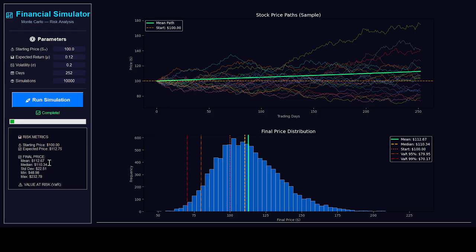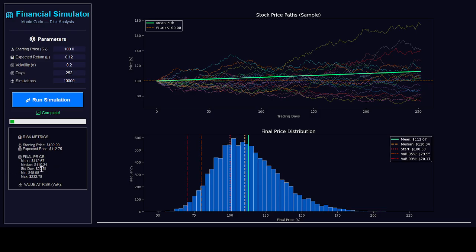The mean final price is approximately 112.67. This represents the average ending stock price across all simulations. Basically, the mean is the average of all the data in a given data set. If we average every simulated outcome, this would be the result.